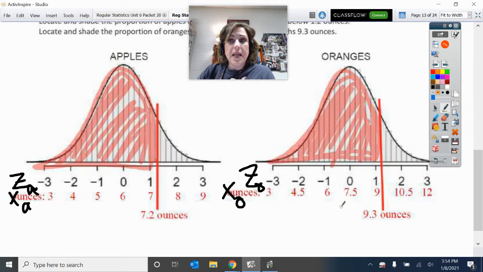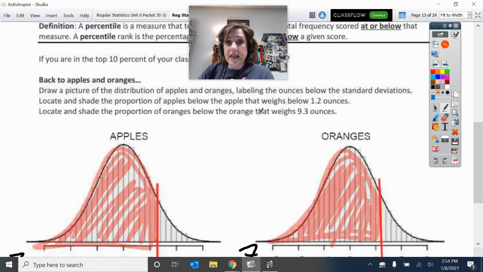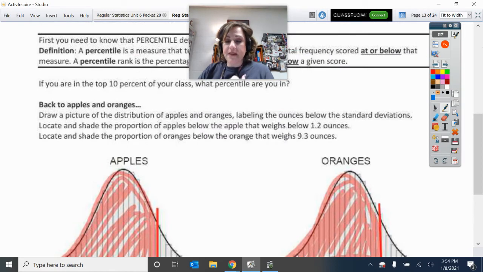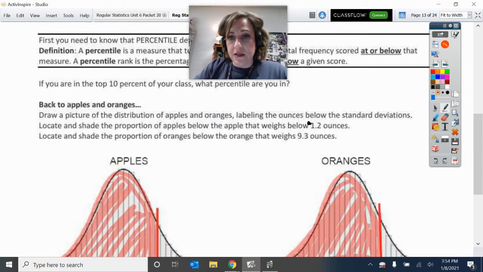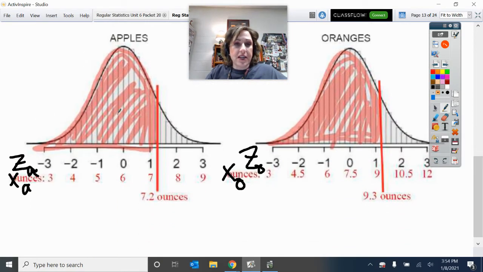Then the question says, what percentile is an apple that weighs, I hope I fixed this on your work, it's supposed to be 7.2 ounces. We'll see if yours says 7.2 ounces, if I fixed that typo. There you go.